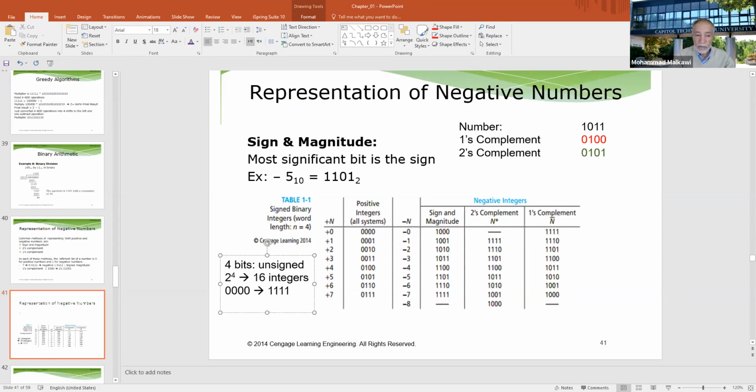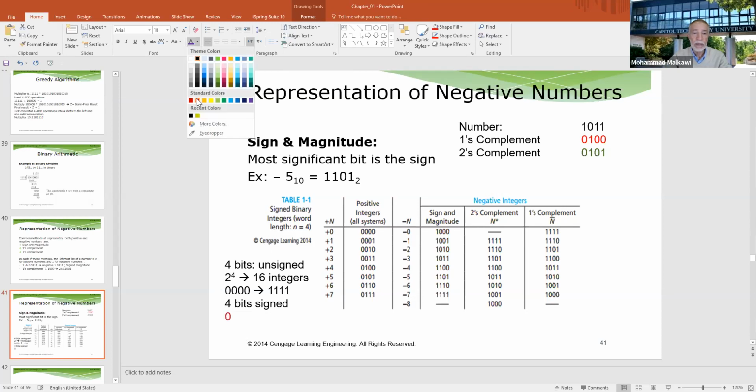But if it's 4 bits signed now, always the most significant bit is going to be a sign. So I will say, let's say 0 is my sign, and I will mark it in red, this guy, so it doesn't count towards my number.